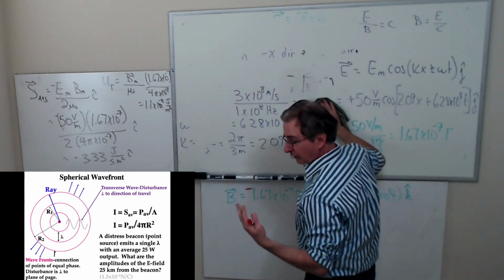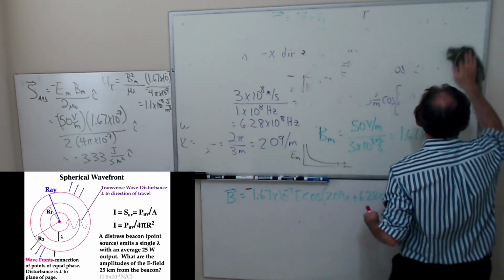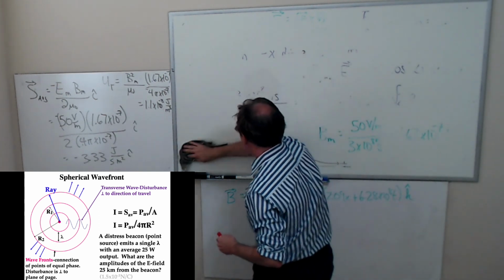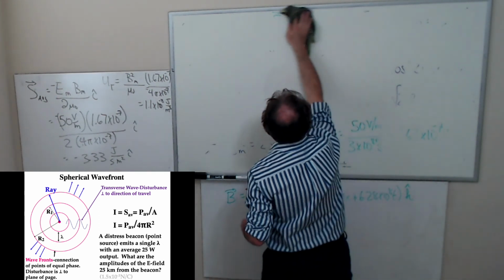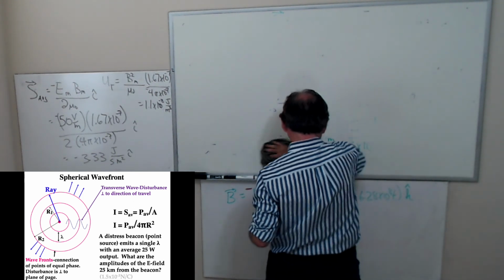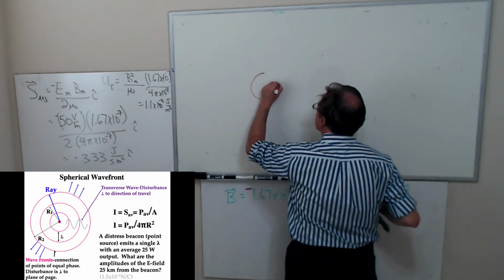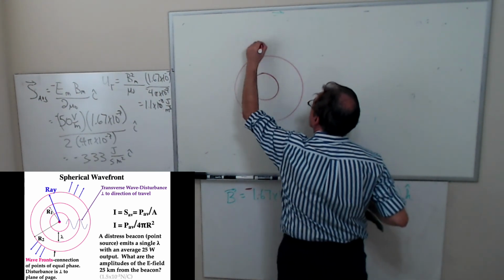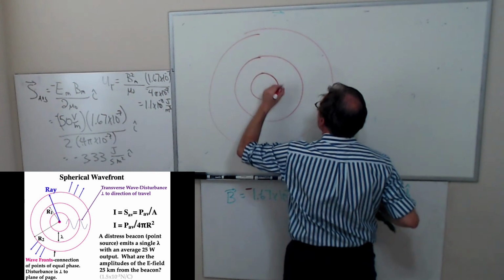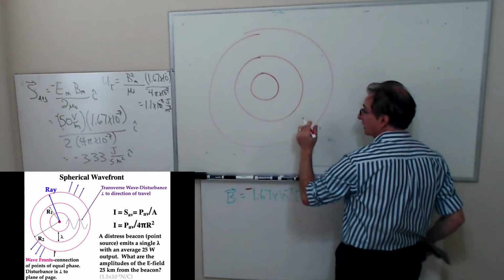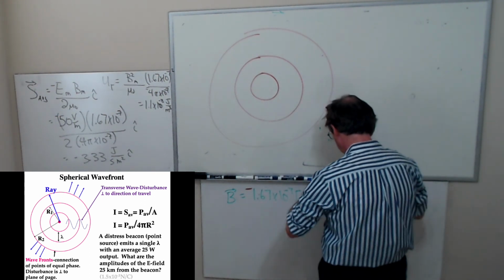I'm going to assume spherical waves, okay, because it makes the math easy. Let's say I have waves traveling outward, right? And each one of these has the same energy. And I'm over here with a detector.